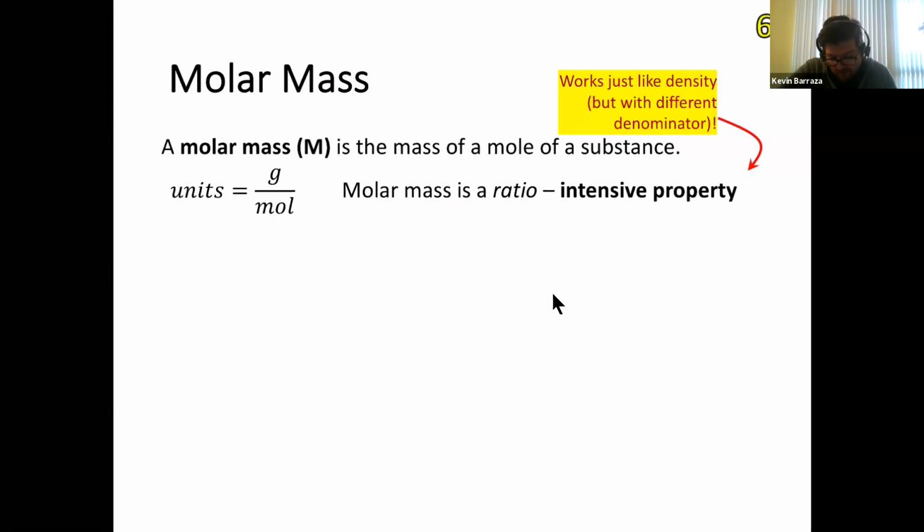So we can extend this to molar mass. We take the grams and divide by the moles, in much the same way we would take the grams and divide by the milliliters to get a density. We do the same thing with a molar mass.